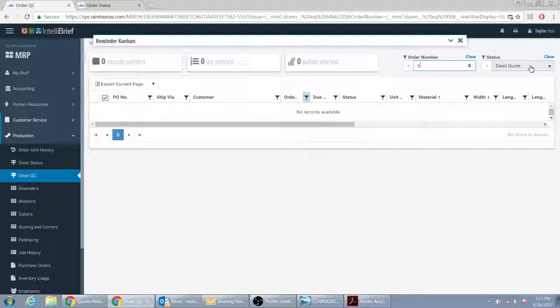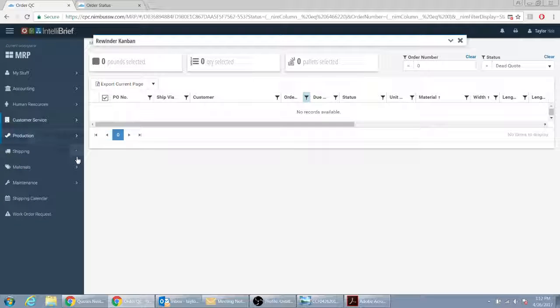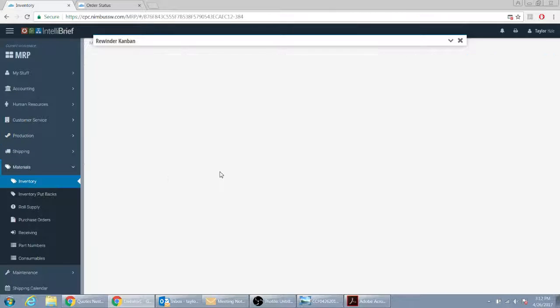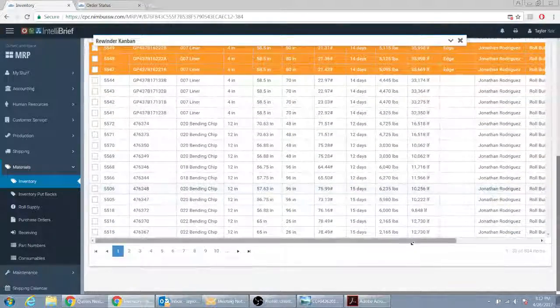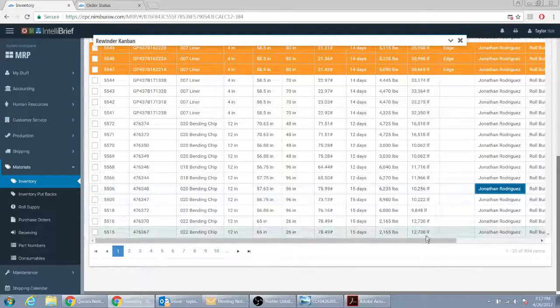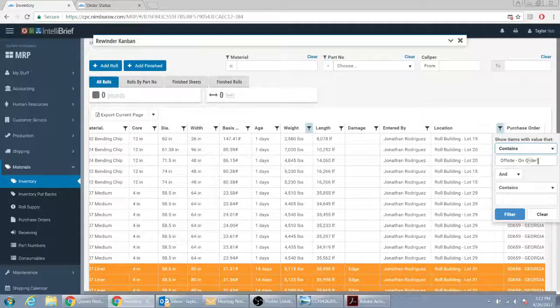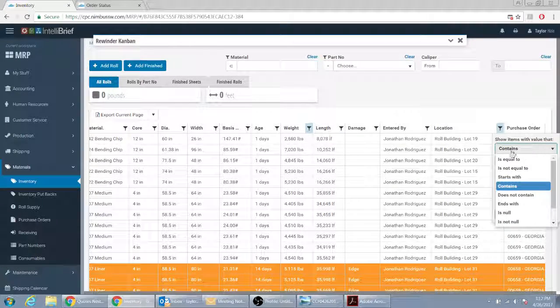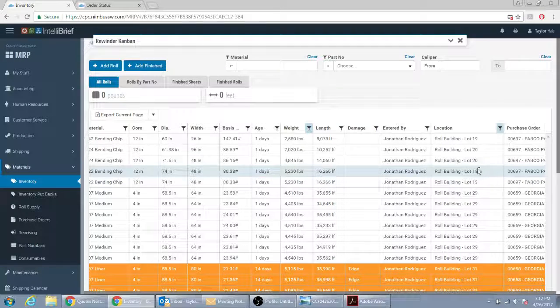I would have to have all my lot numbers. Let me give you a better example. Similar to this, it's like this field, but you need to sort it by units.